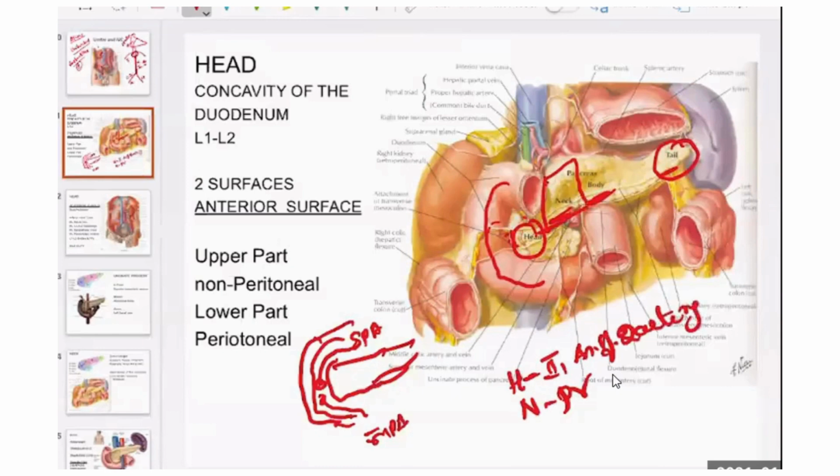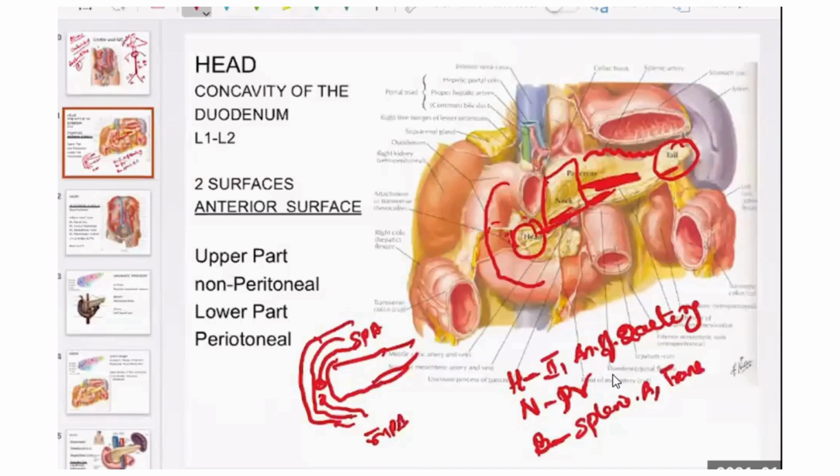And for the body, an artery runs above the body. This artery is called splenic artery. And one fold of peritoneum is attached to the body, which is separating the abdomen into supracolic compartment and infracolic compartment. What is that? Transverse mesocolon.